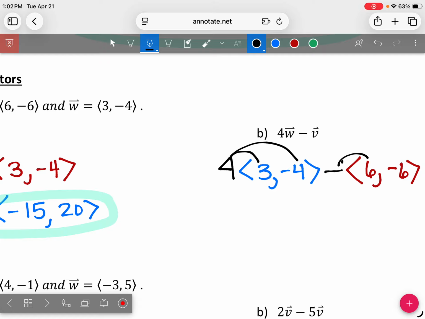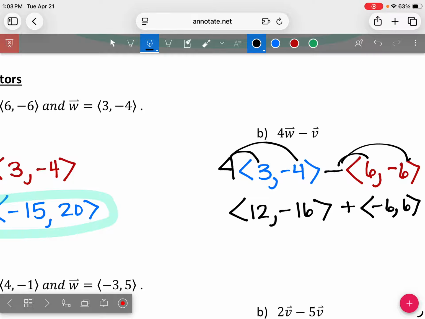That's what I did. So if I multiply the first one by +4, that would be 12, -16. Bring down your addition sign. Now I'm changing it to addition because I'm multiplying by -1. Now you don't have to do that. You can just leave it as subtraction and subtract. But I like to change mine to addition. So I'm going to flip the sign.